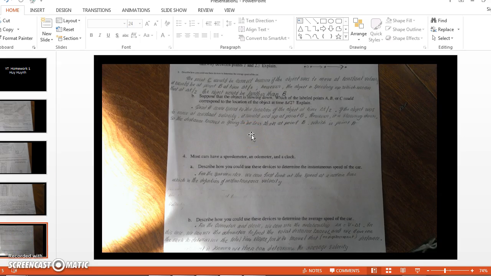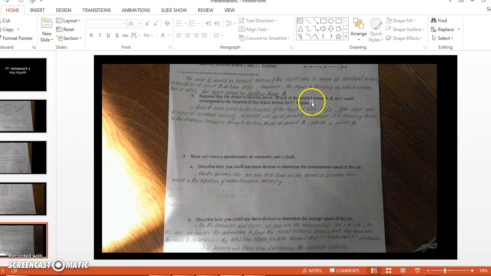Okay, so for number 3, part A, I got that point C would be correct, because if the object were to move at constant velocity, it would end up at point B at time delta t over 2.